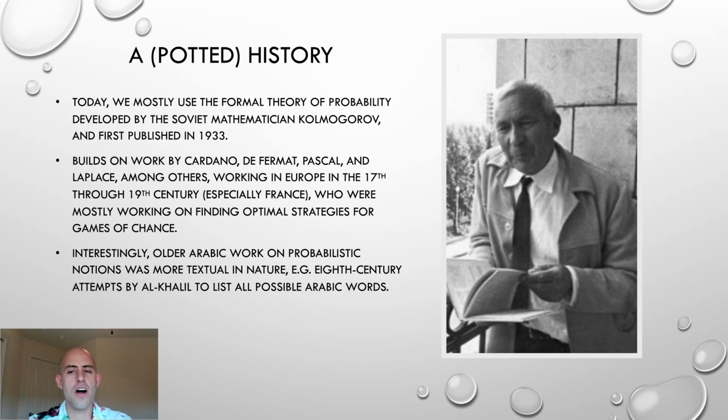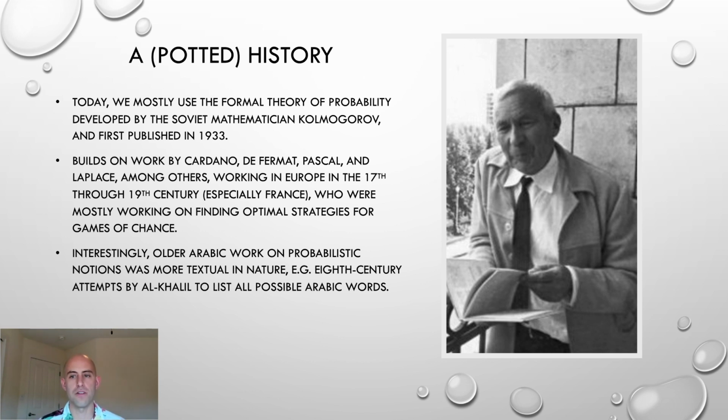So we'll start by talking about the history of probability in a very potted, idealized, simplified way. Today, the probability theory that we use, what we take to be the formal content of probability theory, comes out of work published by the Soviet mathematician Kolmogorov in 1933. And his work was really building on stuff that had been done throughout Europe in the 17th through 19th centuries, especially in France.